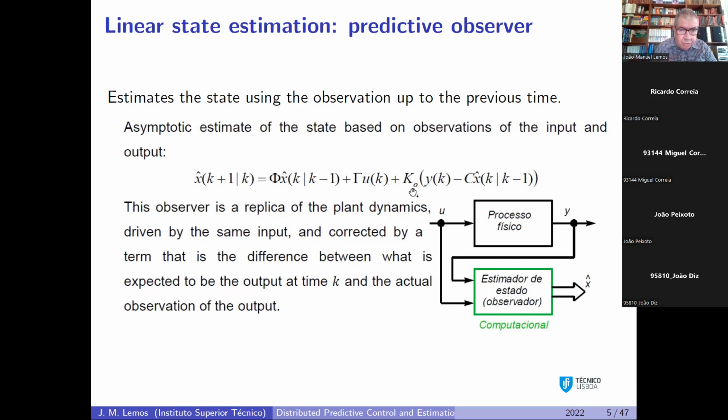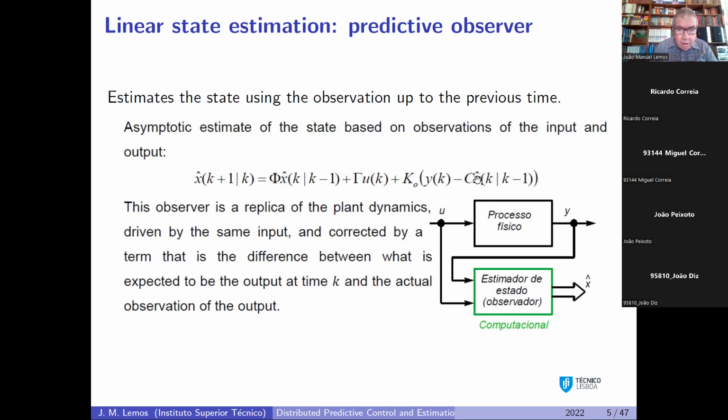So someone had the idea of correcting the estimate by this term. Look at what is here. y of k is the output of the plant that you are measuring. And x hat of k is the estimate at time k. So C x hat of k is what you are expecting y to be, because y of k is C times the true state.